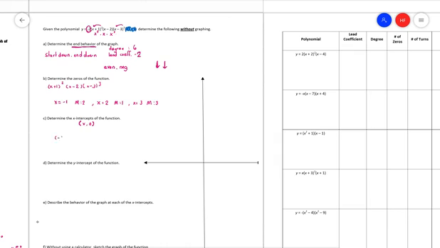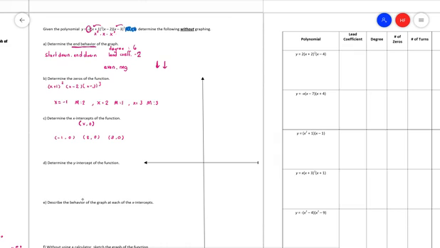So we have negative 1, 0, 2, 0, and 3, 0. So I just got that from part B, where we wrote the zeros. Zeros and x-intercepts are the same thing, and it's the same thing as solutions. So they all mean the same thing, but when it is an x-intercept, we write it as a point.